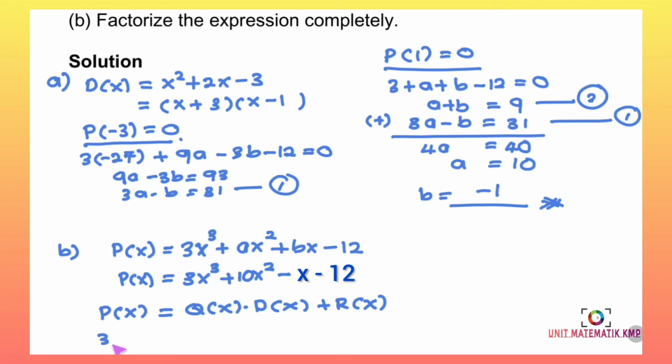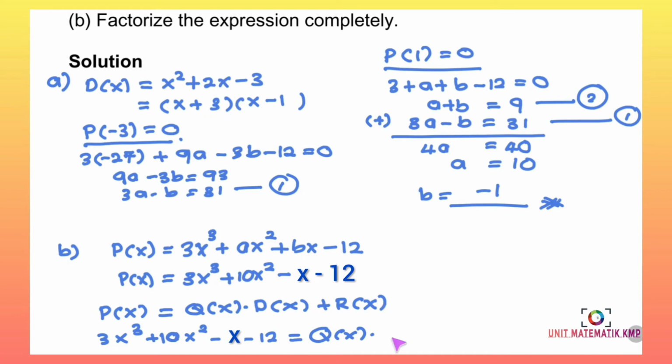Here we have 3x^3 plus a x^2, sorry, a is 10, plus 10x^2 minus x minus 12 equal to q(x). We do not know what is q(x). We need to find q(x). And we know the d(x). d(x) given is x^2 plus 2x minus 3, and if we factorize it is (x plus 3)(x minus 1).